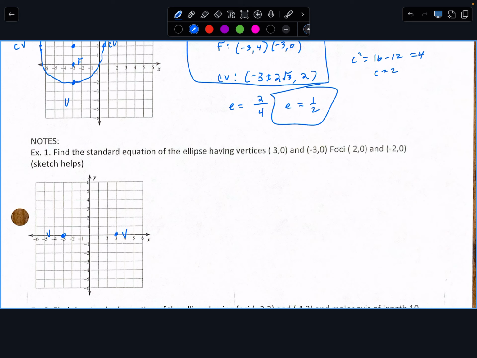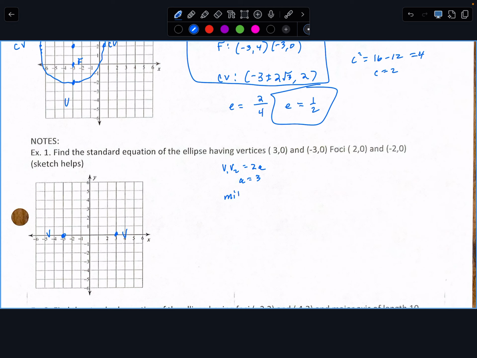And when I see that, I know that the distance between the vertices is going to be 2a. And the distance between those is 3, so the value of a is 3.